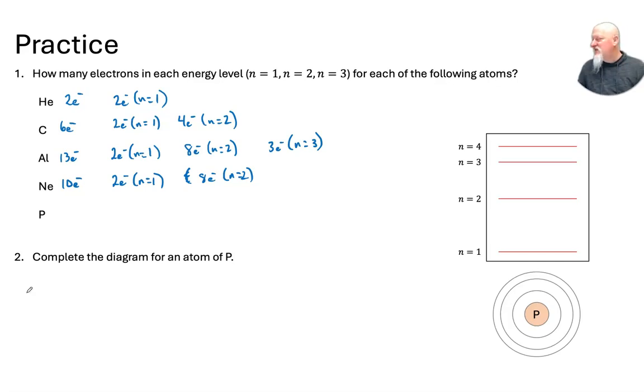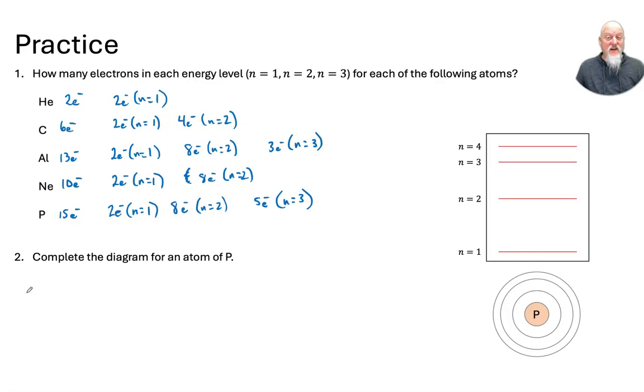And then phosphorus has 15 electrons. 2 of those electrons go in the n equals 1 level. 8 of those electrons go in the n equals 2 level, and then there's 5 left over, so 5 electrons in the n equals 3 level.